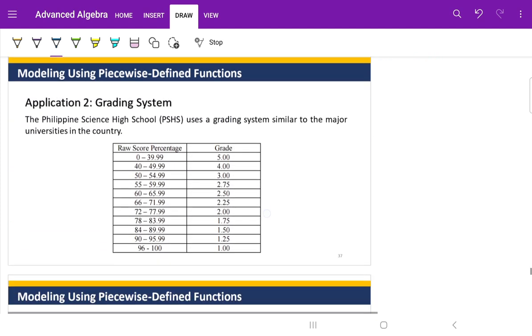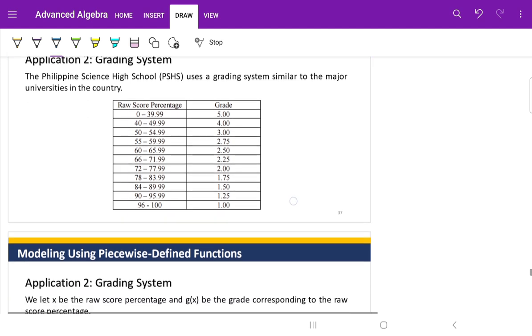Another application of mathematical modeling is by using it in your grading system. The table shown represents the PSHS grading system, which is similar to major universities in the Philippines.